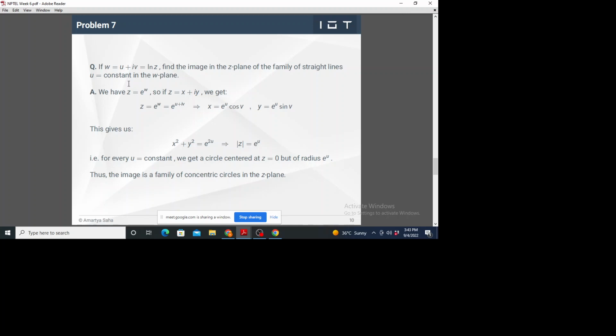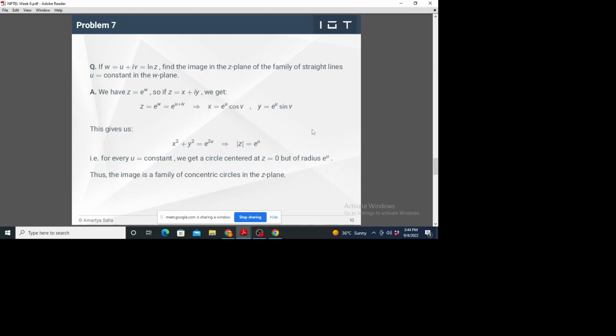Okay. So let us begin by inverting this transformation. W equal to log Z means Z equal to e to the power W. You could have written W plus 2k pi i, where k is an integer also, but that would not have altered the final result, but you can definitely try that.